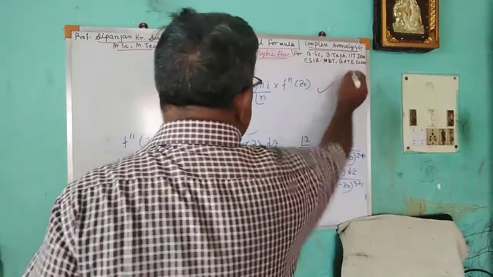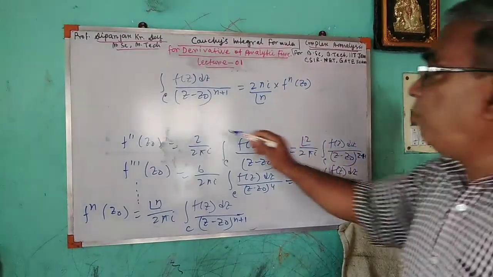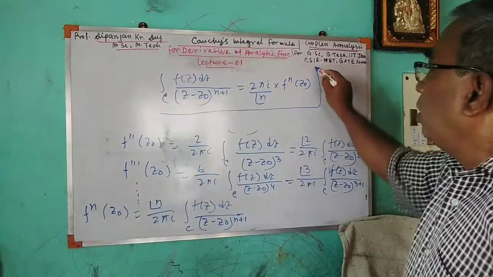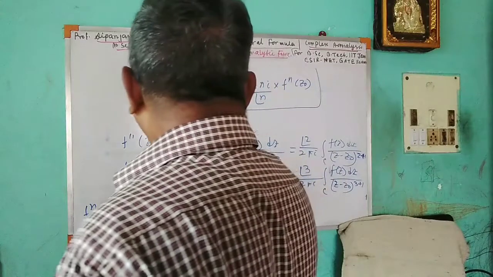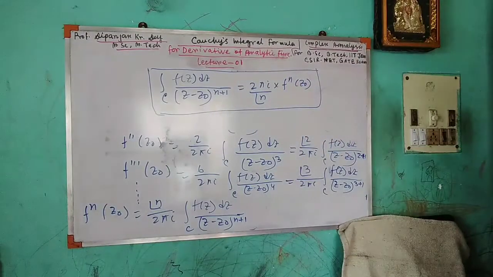So this is the formula for Cauchy's integral formula for derivative.